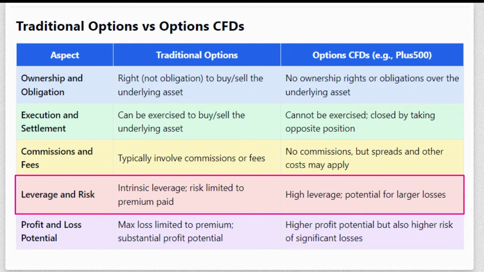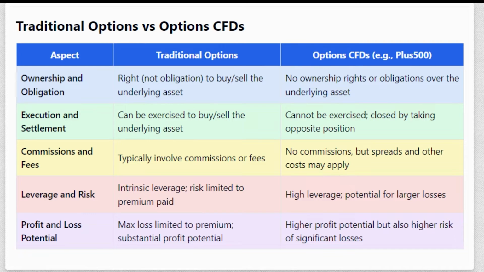With traditional options, the leverage is intrinsic because you control a large amount of the underlying asset with a smaller investment, but your risk is generally limited to the premium paid. Option CFDs also involve leverage, which means that you can control large positions with relatively small capital. However, due to leverage, your potential losses can be larger compared to traditional options, especially if the underlying asset moves against your position significantly.